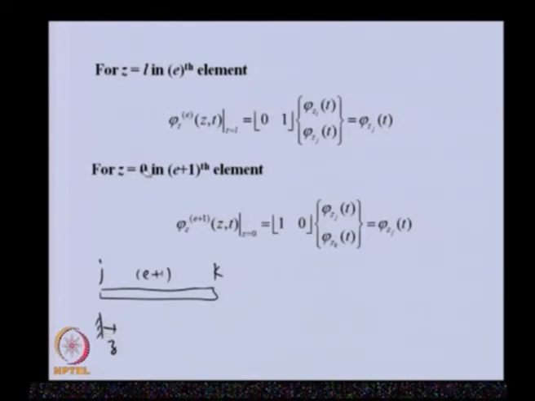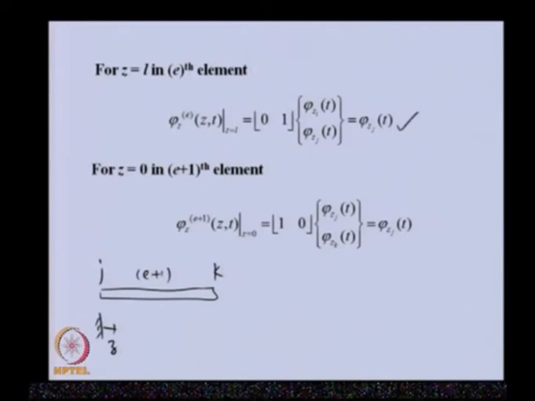That is why we try to predict the field variable at the jth node by putting Z is equal to 0 in the E plus 1th elemental equation. So, in this particular case, N1 will be 1 and N2 will be 0, and you can see after multiplication we are getting the field variable at the jth node.